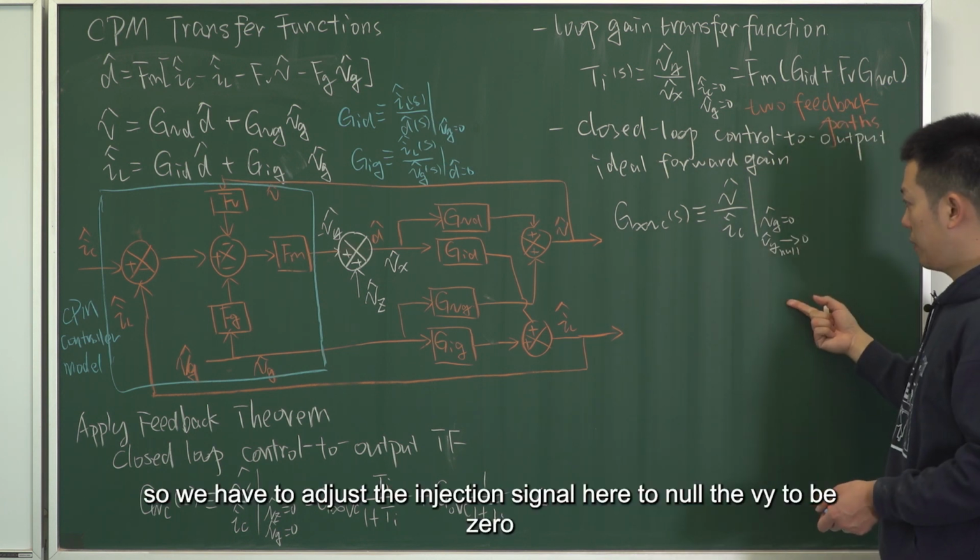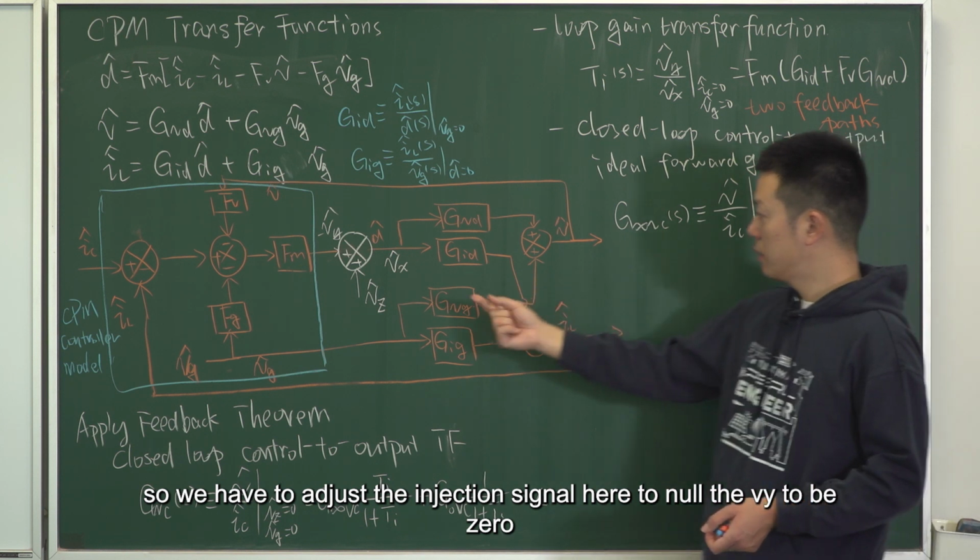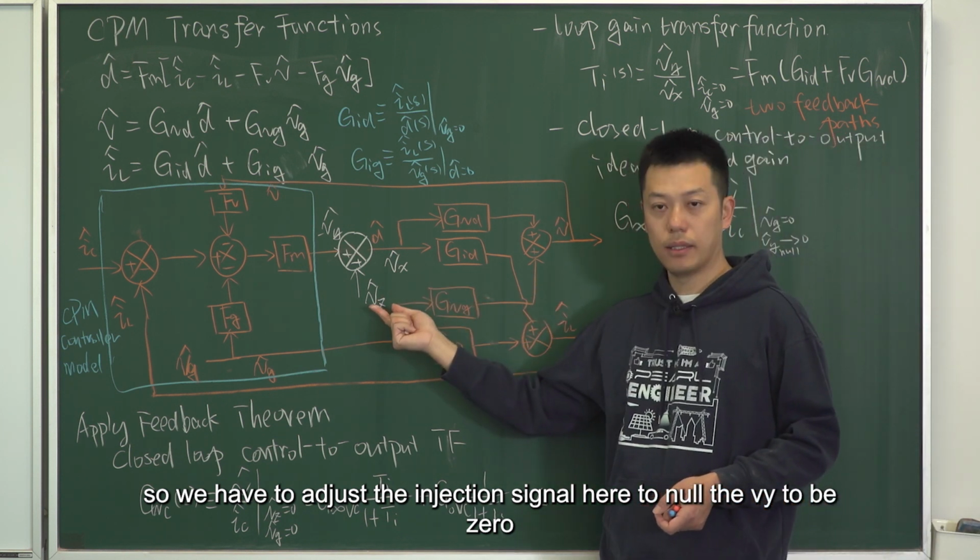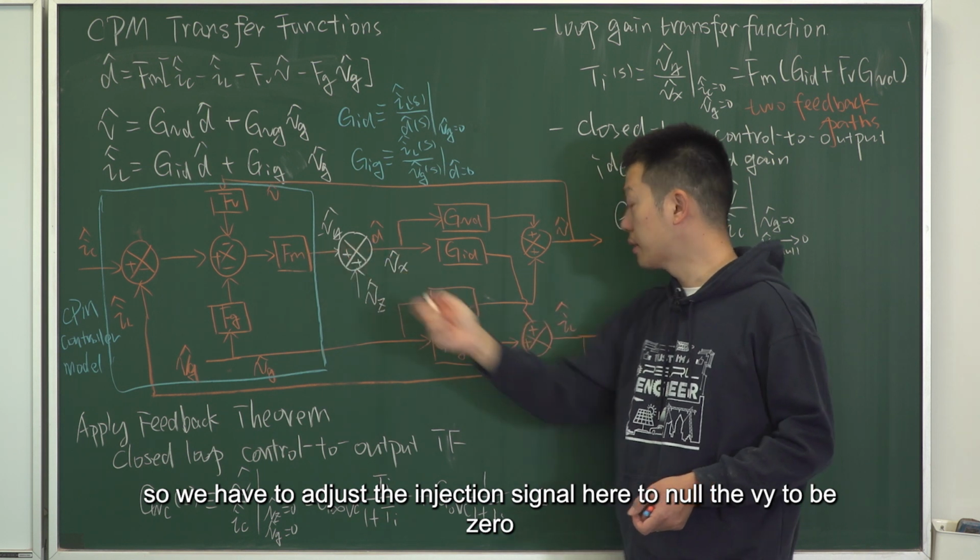So we have to adjust the injection signal here to null Vy to be 0.